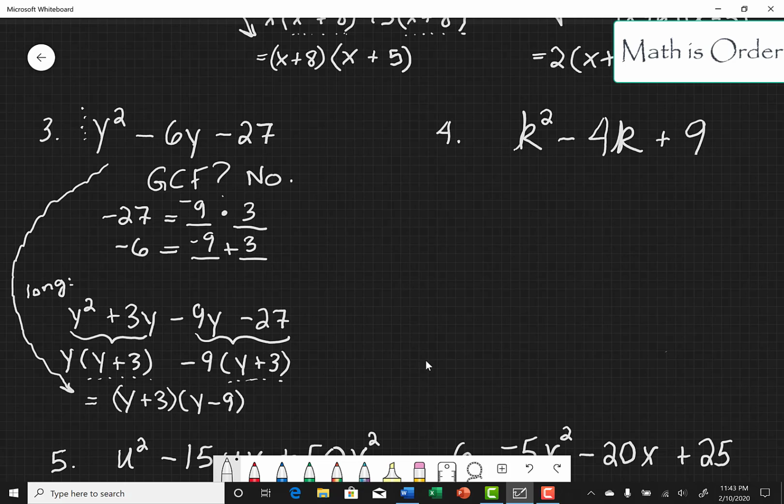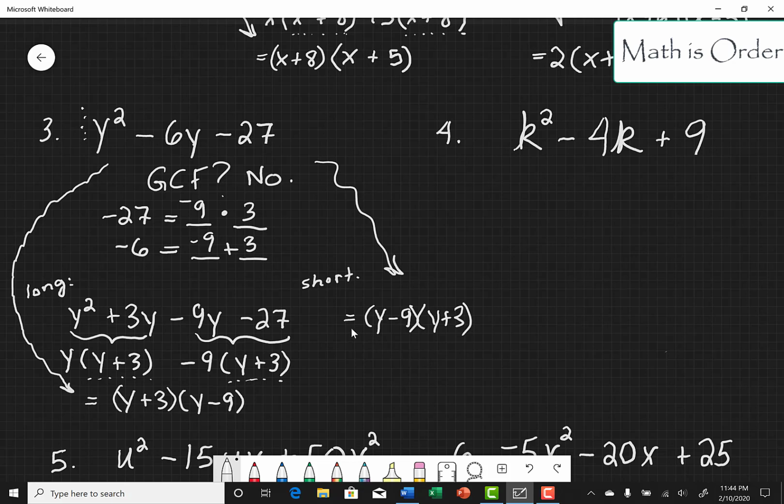And if we took the shortcut approach, it's done in a flash, because the answer is just going to pop out as y minus 9, y plus 3. Finished.